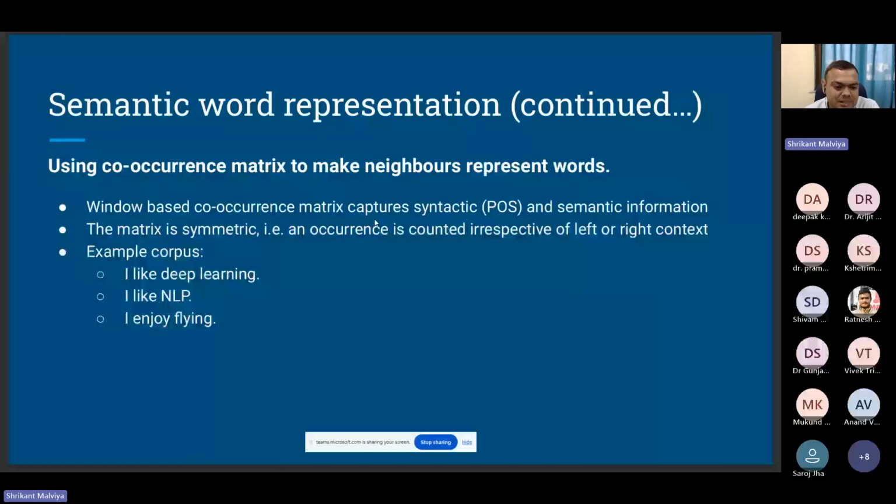The matrix is symmetric, meaning it will be an n cross n matrix, where n is the size of the vocab, or the number of unique words in the corpus. Suppose our corpus consists of three sentences: I like deep learning, I like NLP, I enjoy flying. And if we construct the co-occurrence matrix, it would look like this.